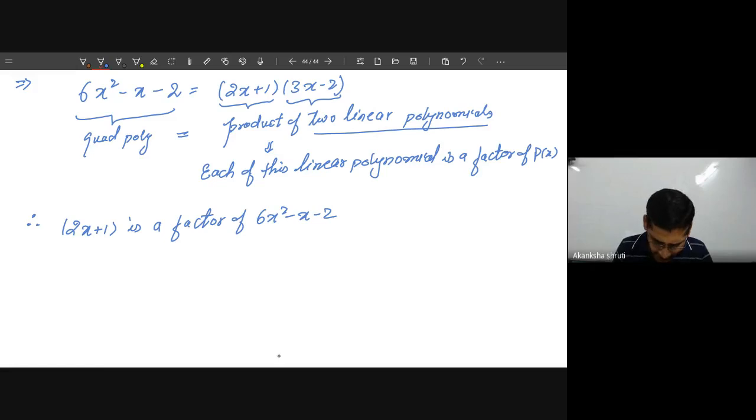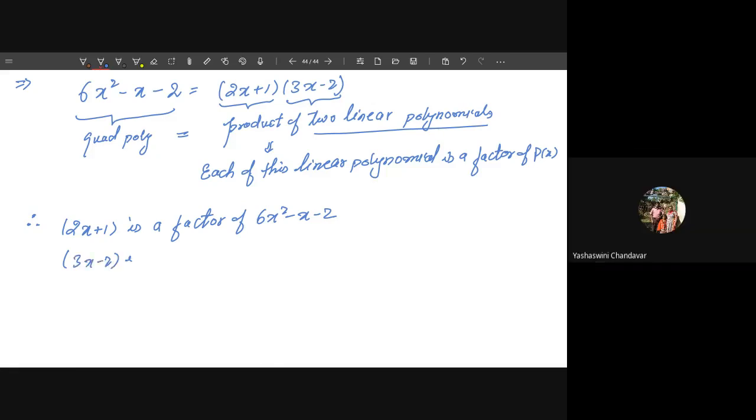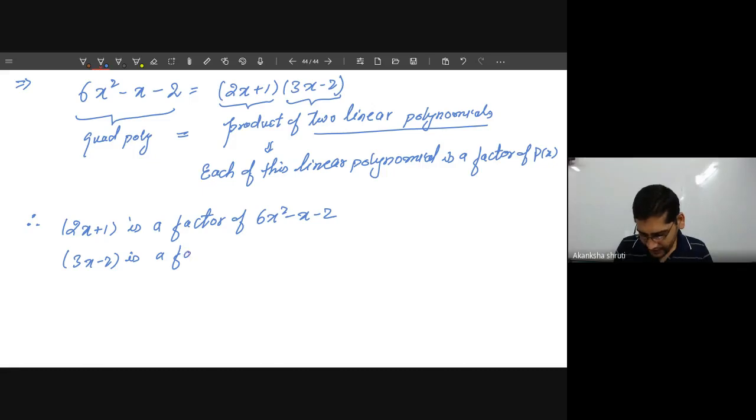The other factor is also there. What is the other factor that we have obtained by division? It is our 3x minus 2. 3x minus 2 is also a factor of 6x square minus x minus 2.